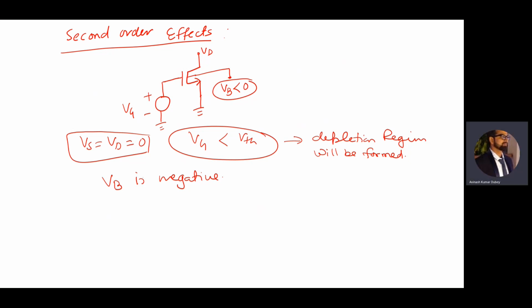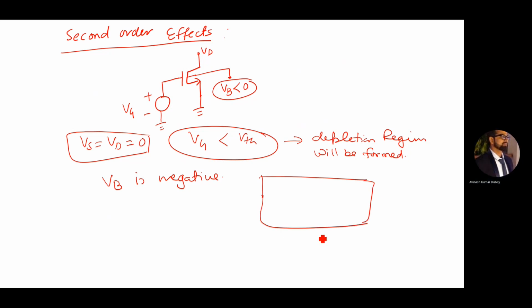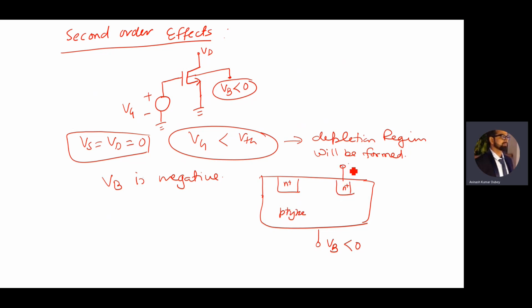Like this is our MOSFET. This is Vb, which is less than 0. This is our N plus, this is the p type substrate, and this is again N plus. This is our drain, this is source, and here we have the gate. We have considered that Vg is less than Vth, but Vb is also less than 0.